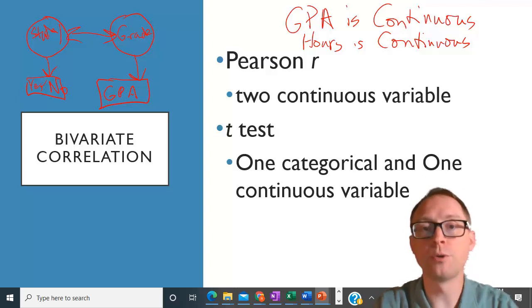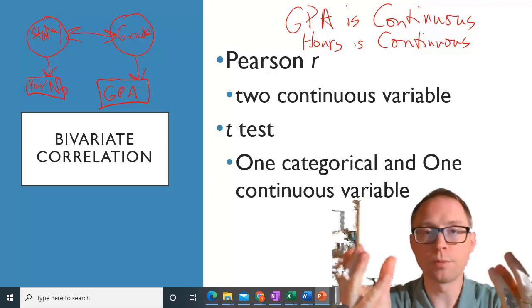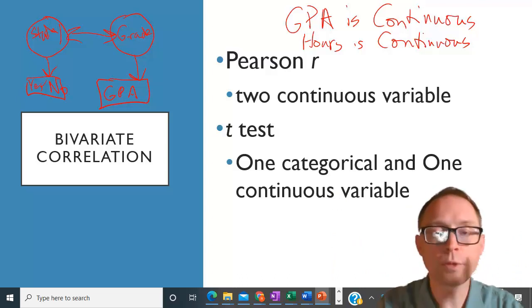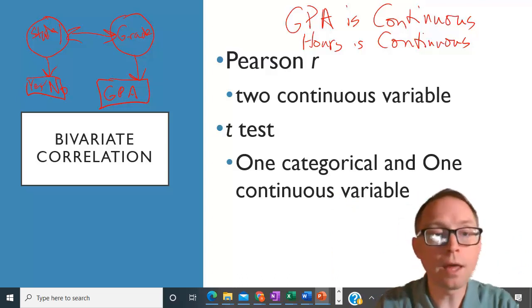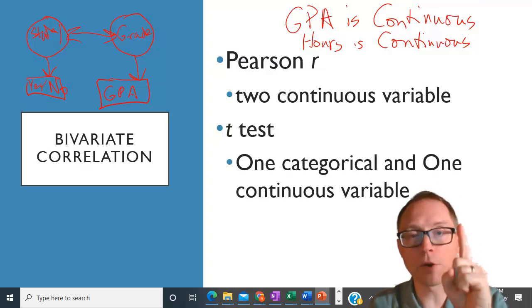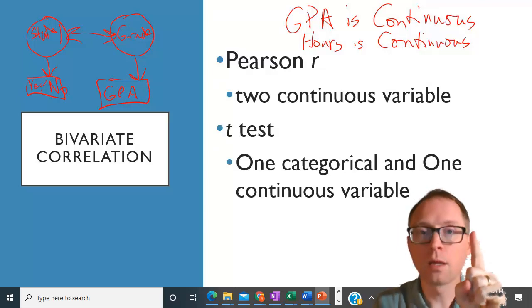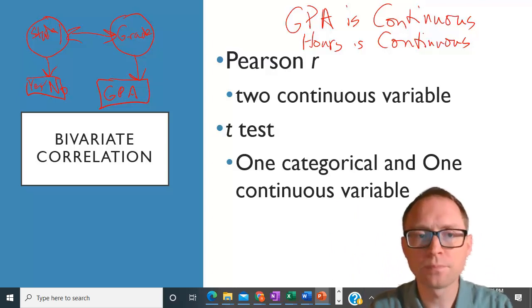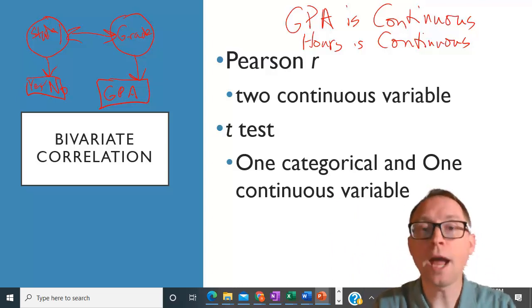You're either in two groups, the yes study group or the no study group. That's what you're in. You have one group that studied, one group that didn't study. And then you see what their GPA is going to be. When you do this, you have one categorical variable, studying, and one continuous variable, your GPA.